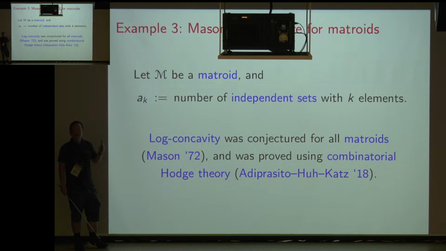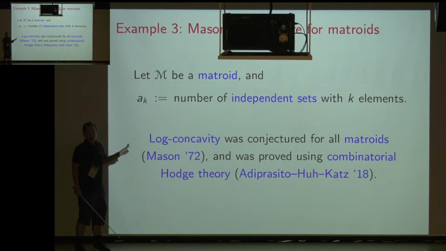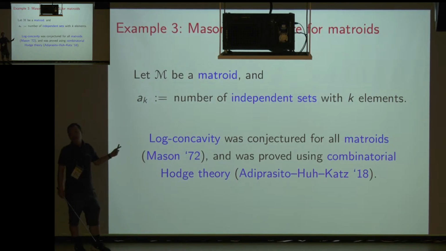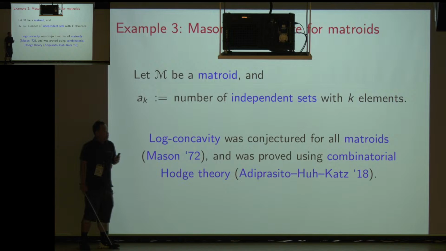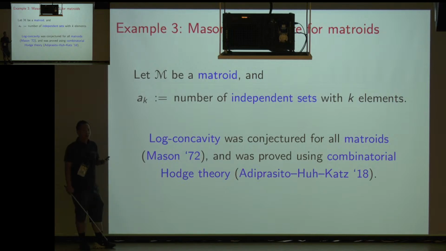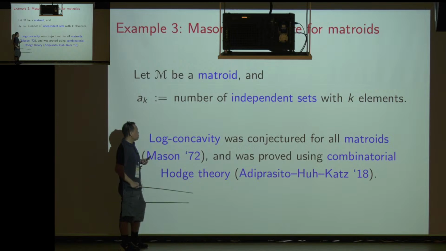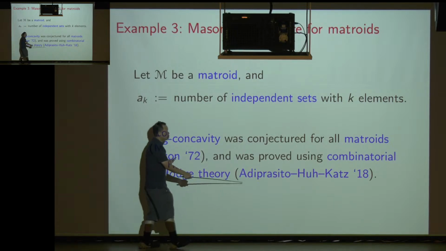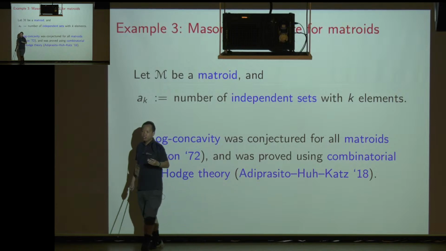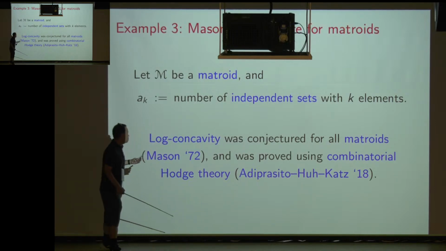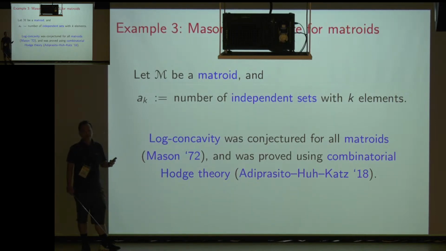In comparison to the other 2 problems, this one is actually a very difficult one. This is because, as we see here, it was first conjectured around 50 years ago, and it was only solved recently after the work of many emerging mathematicians. The complete solution was obtained by Karim Adiprasito, June Huh, and Eric Katz in 2018 using this new theory that we now call combinatorial Hodge theory.